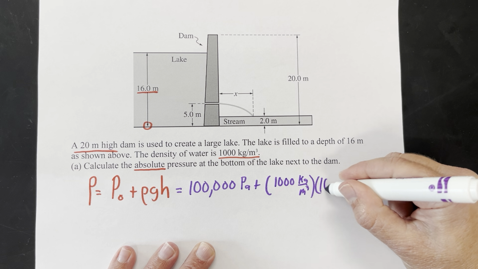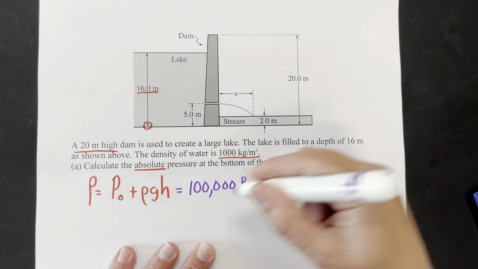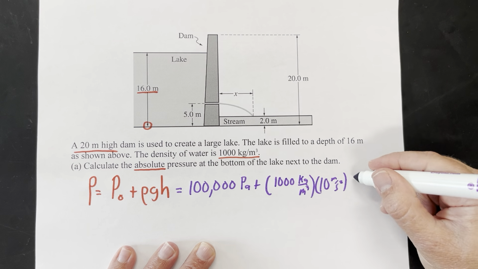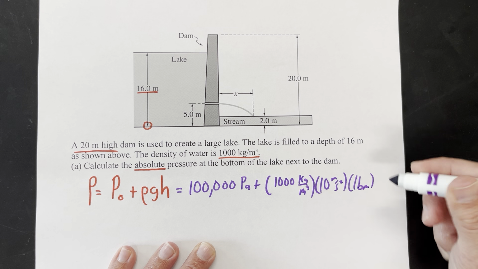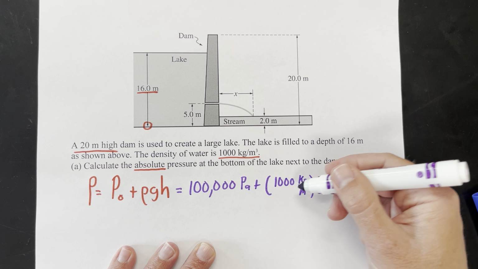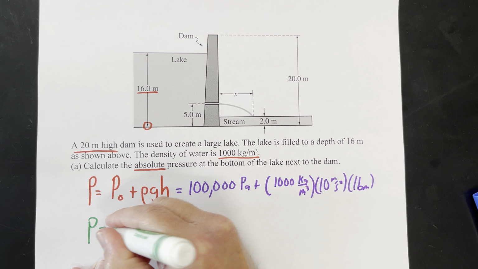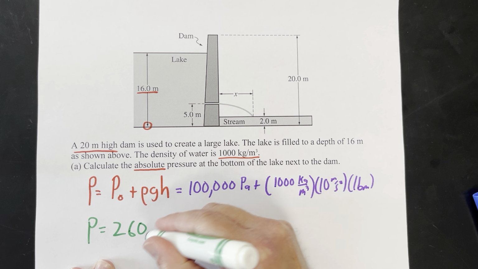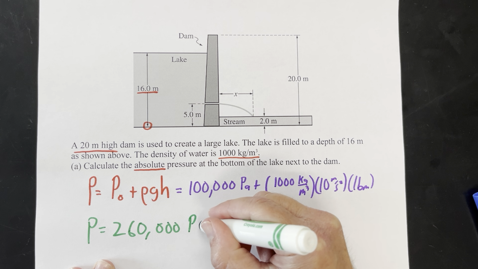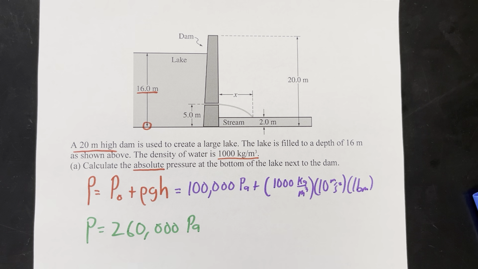Gravity is 10 meters per second squared. And the height is 16 meters down at the bottom there. So if we multiply these out, we'll get 160,000. Add that to the 100,000 of air pressure, and we will get an absolute pressure of 260,000 pascals.